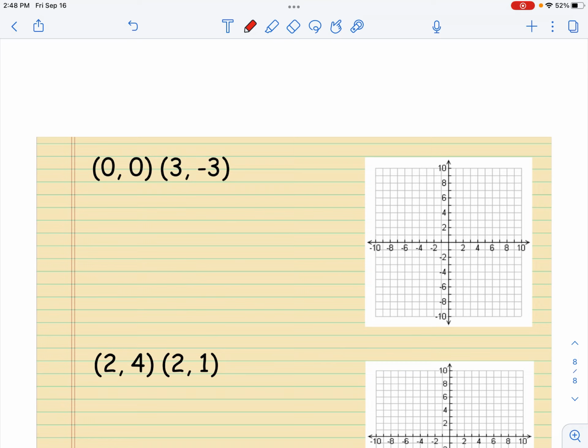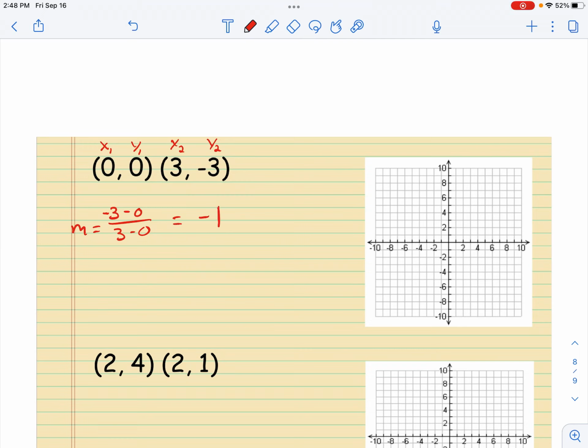All right, so we've got our y2, x2, y1, x1. So this is just going to give us 3 minus 0 divided by, sorry, -3 minus 0. So that's going to leave us with -1 for our slope.